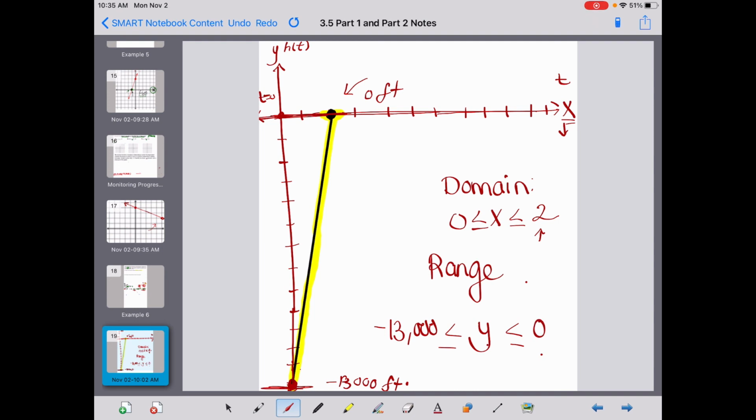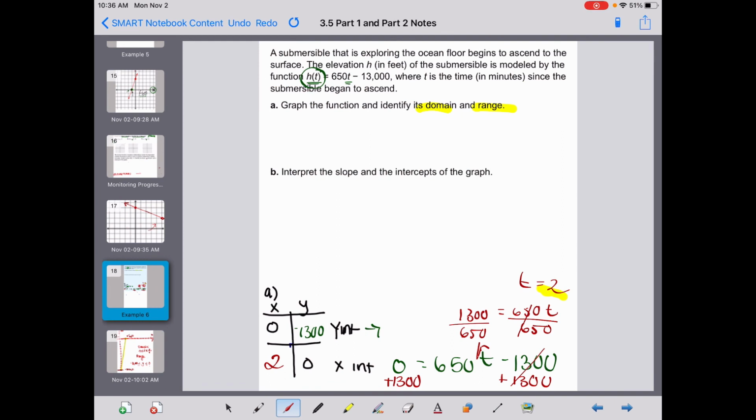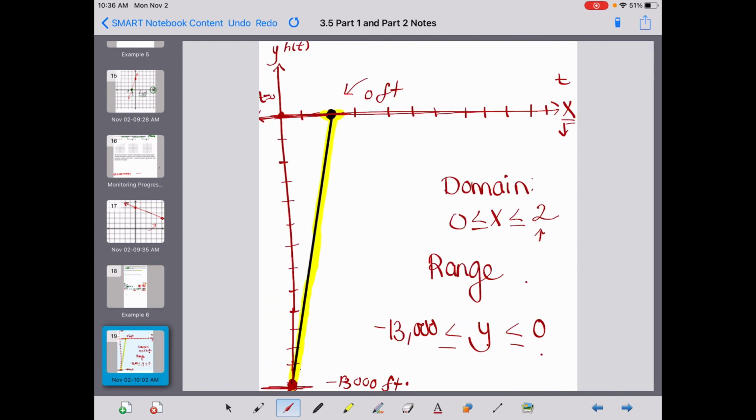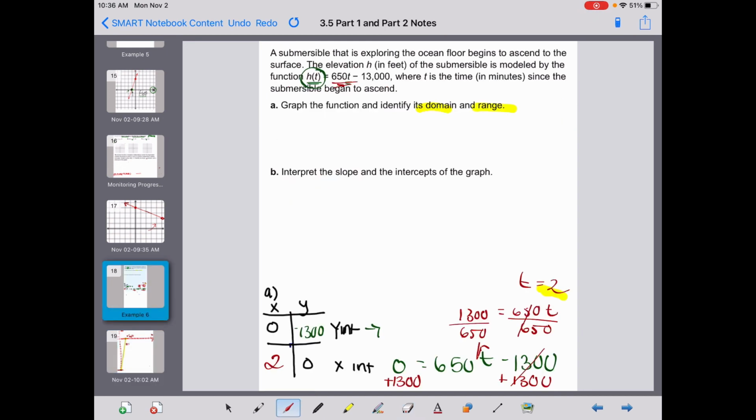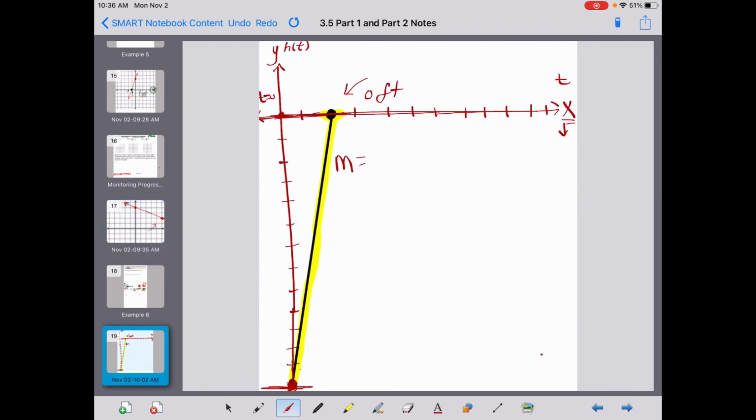Now the second part of the problem says interpret the slope and the intercepts of the graph. So I'm going to erase all of this, make sure you have it down. We're going to do each one separately. So we know our slope is the number in front of x, which is 650, or 650 over 1.